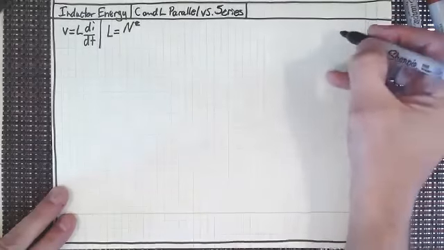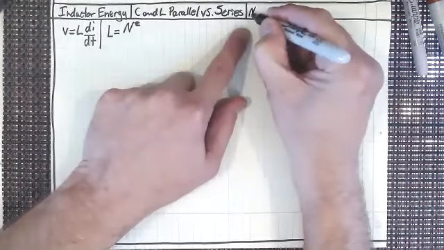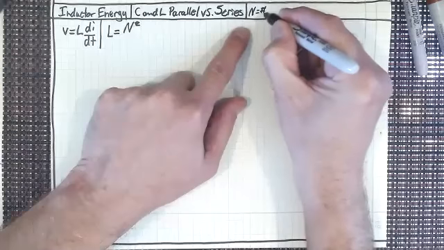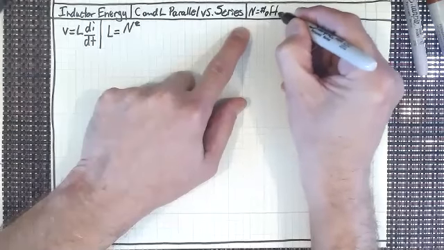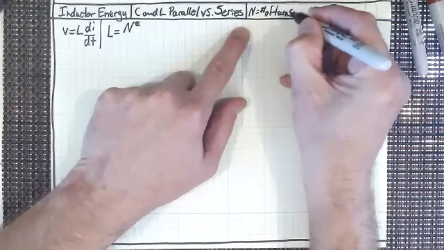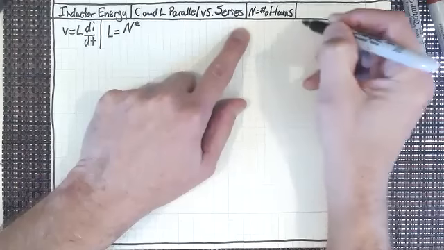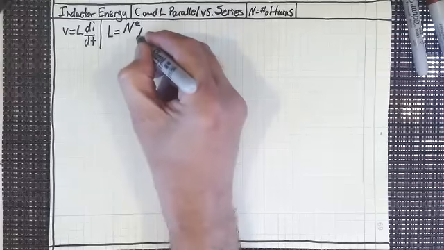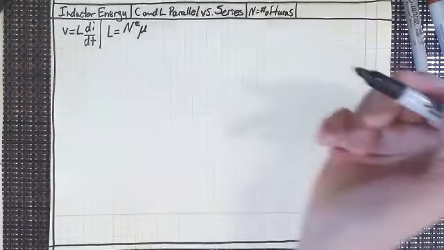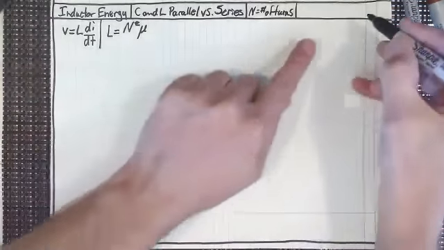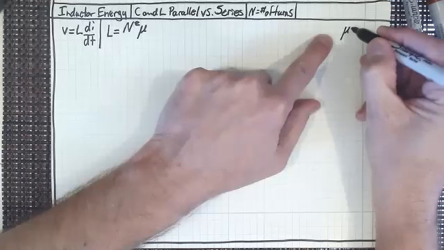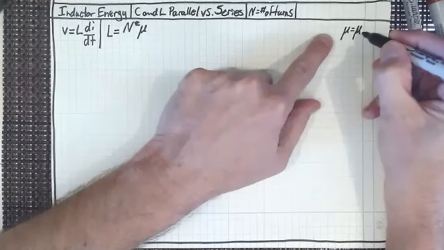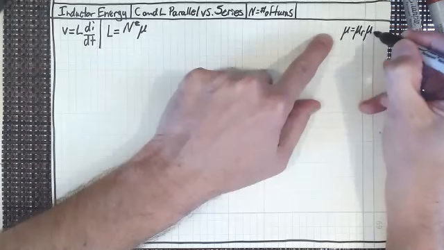The number of turns, so N equals the number of turns in the inductor, right? Mu. Now, when I write mu, I really mean mu equals mu sub r times mu sub o.